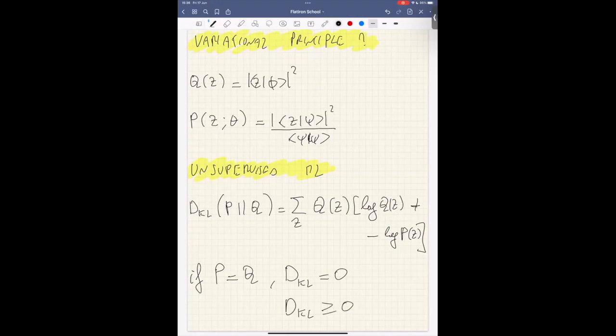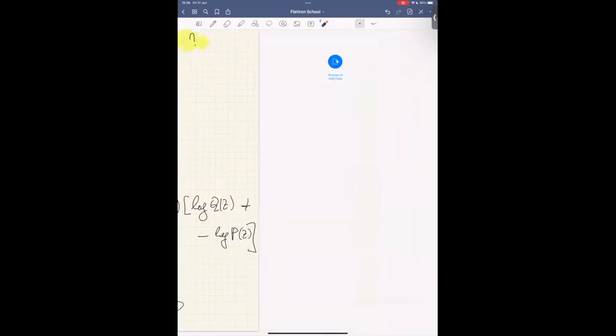Which means that we can minimize it as a function of the parameters in P. Now this will be an object that depends on the thetas and that has a minimum at 0. So we can just minimize it. This will be my variational principle. It's not on the energy, it's on the statistical distance between these two distributions. This is my loss function that I can minimize.